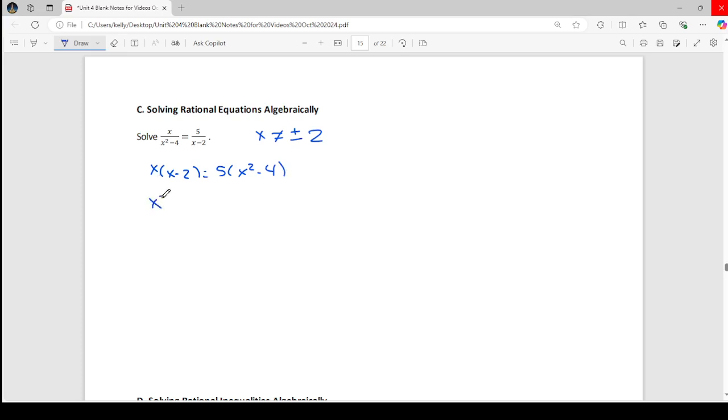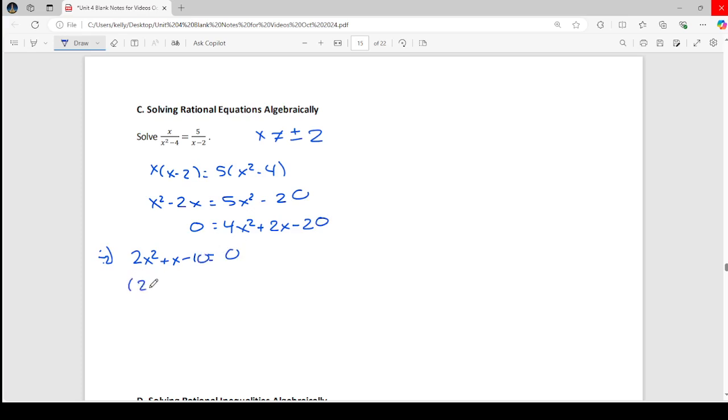And then we get x squared minus 2x is 5x squared minus 20. I will move everything over to the right side, so I get 4x squared and 2x minus 20 is 0. I can divide everything by 2, and I'm going to switch sides while I'm at it. So I have 2x squared plus x minus 10 is 0.